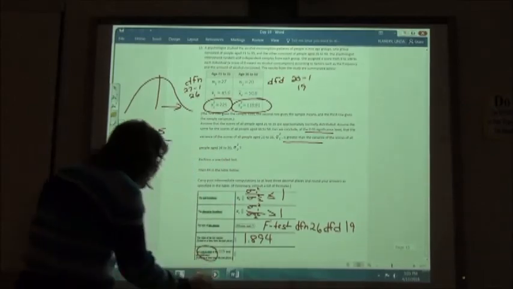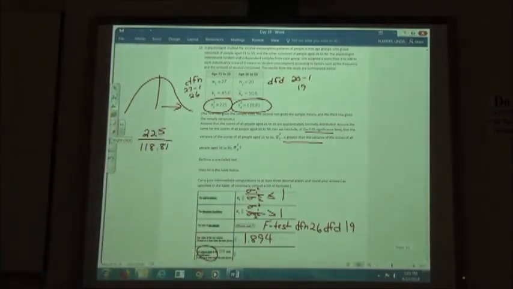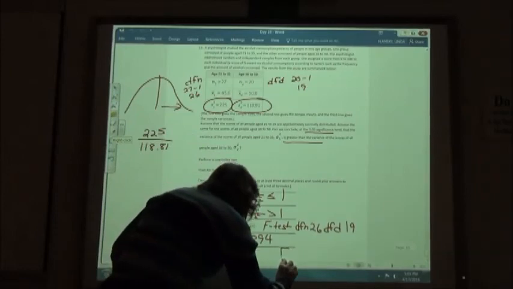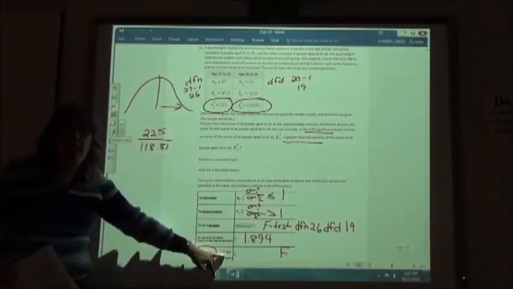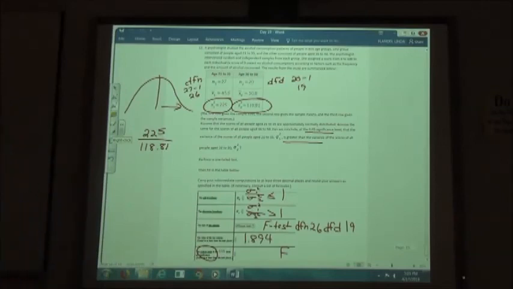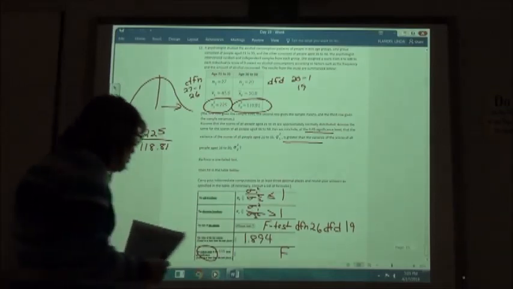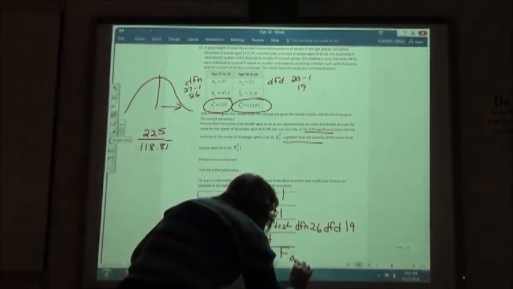This time we're doing the critical value instead of the p-value. For the critical value, we use the subscript one. So we're going to use F sub. And since we're just doing a one-tailed test, we use the number that's there. If it was a two-tailed test, we'd have to divide that by 2. But in this case, it's a one-tailed test.